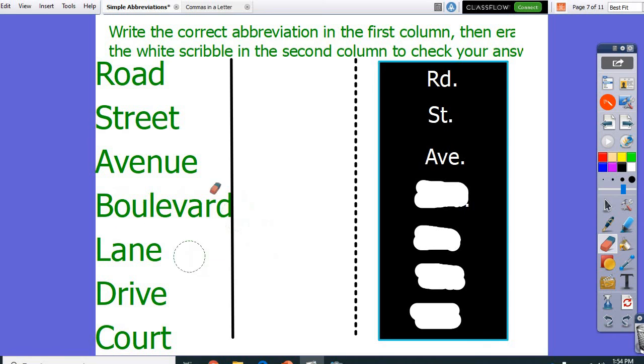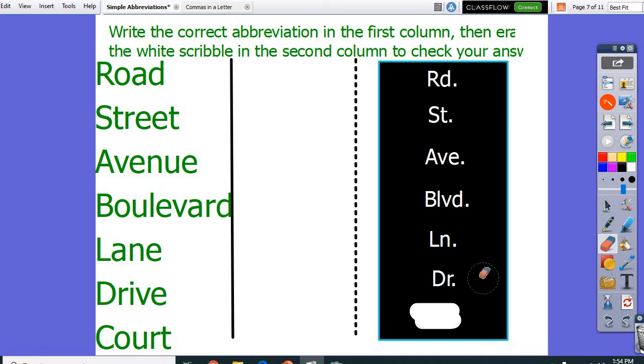That one took out almost all the vowels. Do you remember? Yeah, it was Blvd. Yep. And then lane. Yeah, just Ln. And drive. Yep, Dr. Drive is just like doctor. Yeah, you got to be careful. And then court is just Ct.